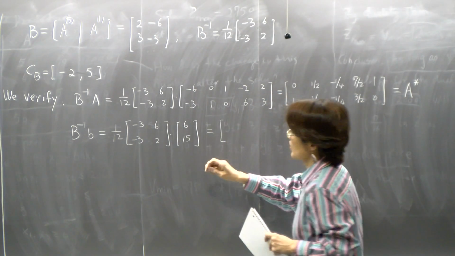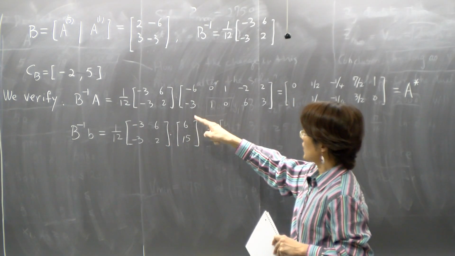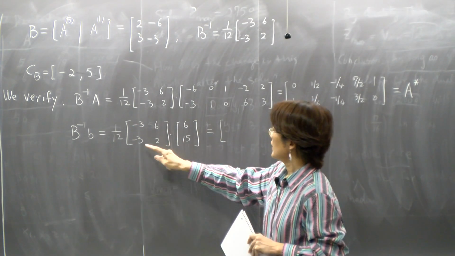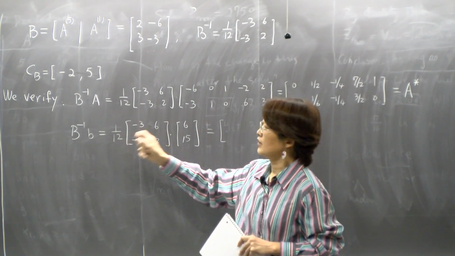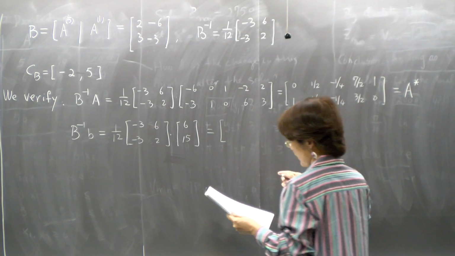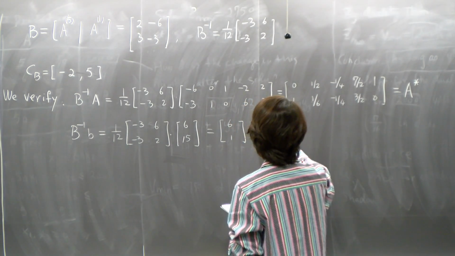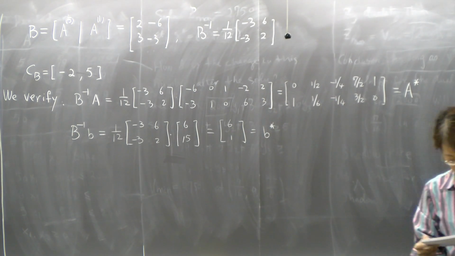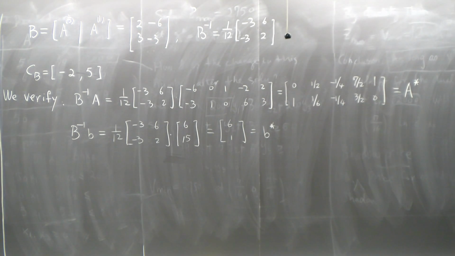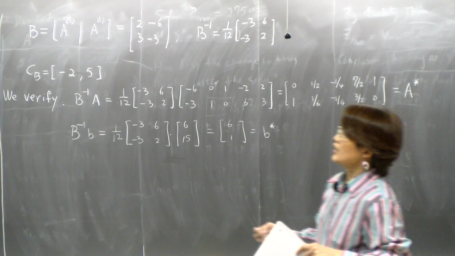Well, you do the inner product of this with that and divide it by 12, and inner product of this with that and divide it by 12. You can easily verify. I will get 6, 1, which is just B star. Is that okay?